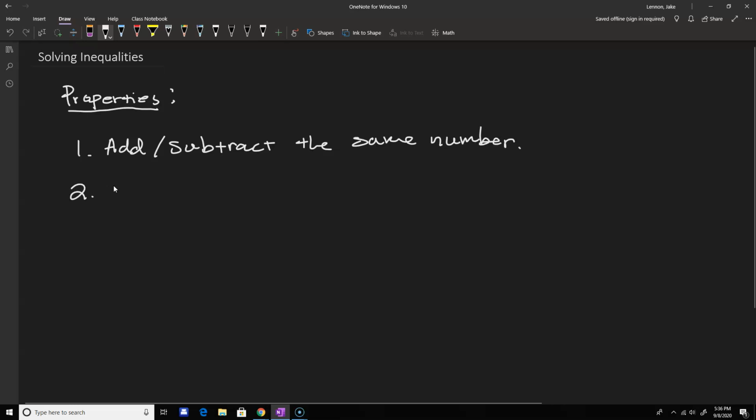We could multiply or divide by the same positive number. And the third thing is, if we want to multiply or divide by a negative, then we have to flip the direction of all inequality symbols. So this is the thing that makes it a little bit different than equations.